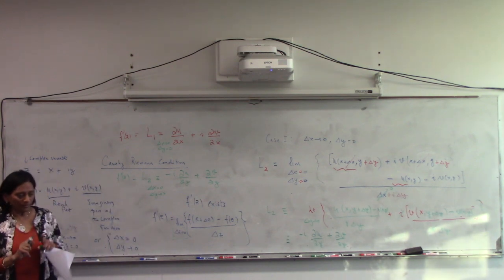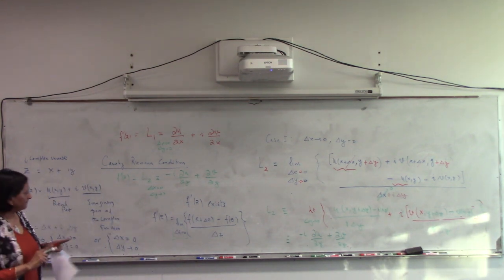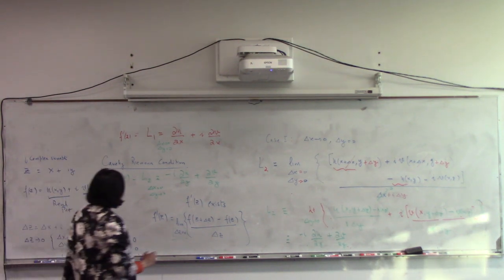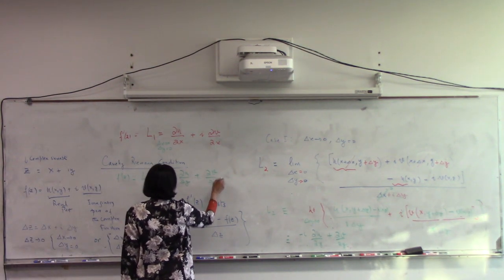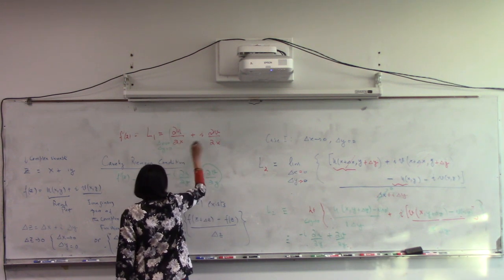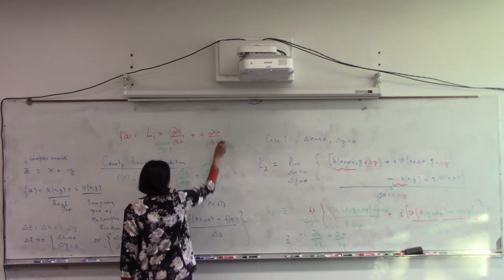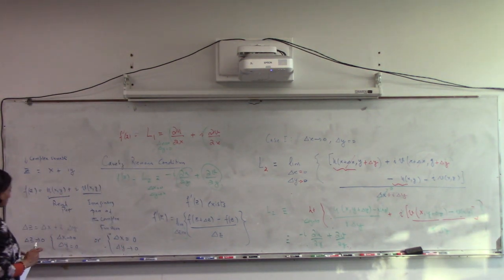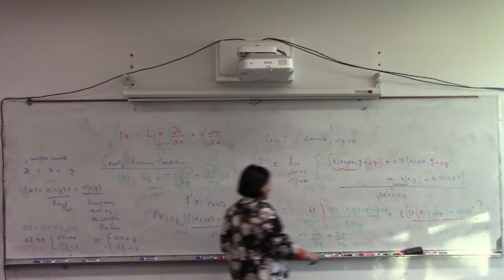So if the derivative is unique, then these two expressions have to be exactly equal. So we can compare the real part with the real part, imaginary part with the imaginary part. So that gives us a condition for analyticity of a complex function, the Cauchy-Riemann condition.